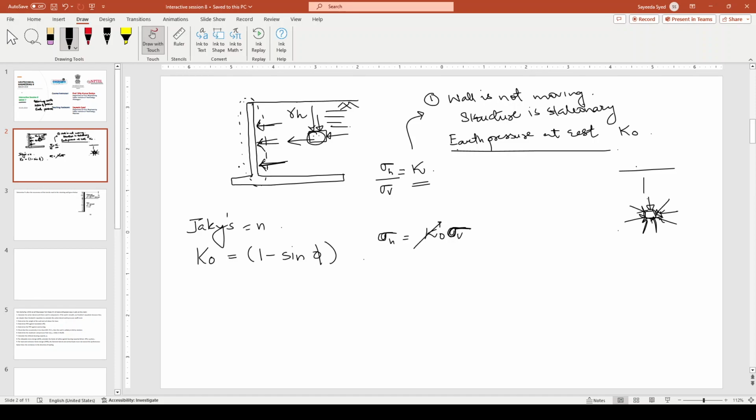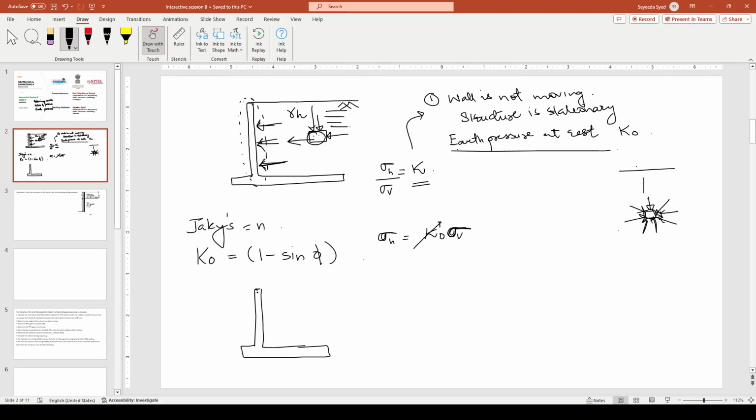But in case the wall is not 100% rigid and there is slight movement of the wall, in either direction.